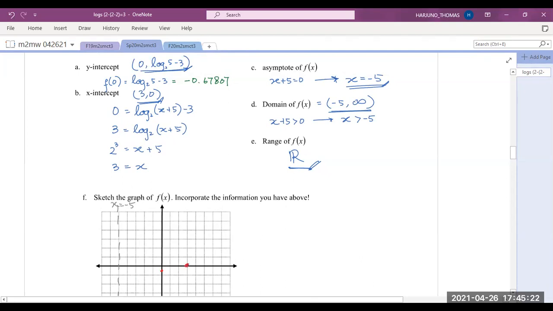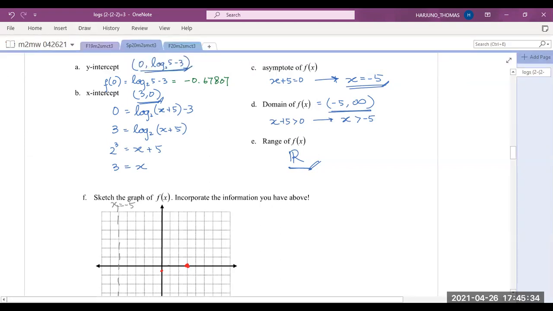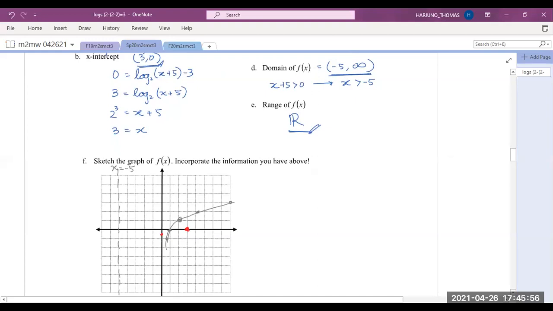The x-intercept is (3, 0). That's a nice coordinate. But that's all we have right now. Then I need to do the important coordinates. The base is 2, and log base 2 of x has these 3 important coordinates. Actually, if you want, you can add this guy and then this guy, just to help out. But focus on these 3.